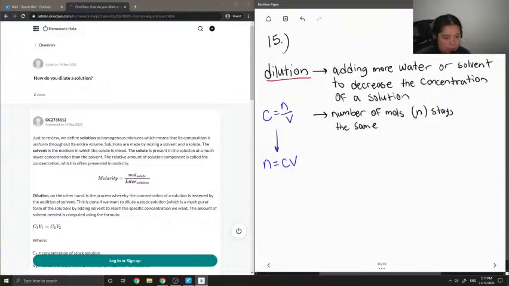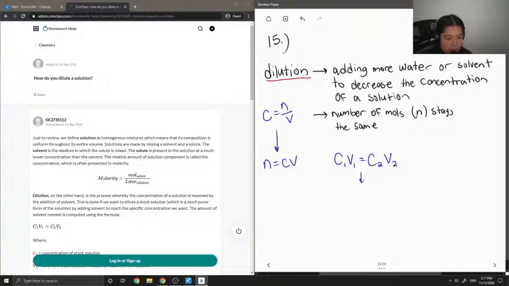So if number of moles stays the same and the only thing that changes is the concentration and the volume of the solution, this is how you would get the formula C1V1 is equal to C2V2.